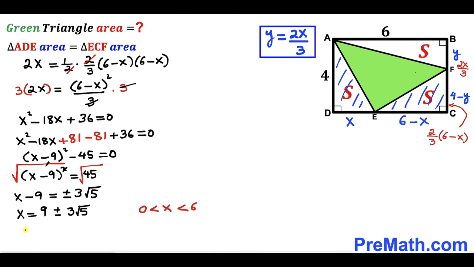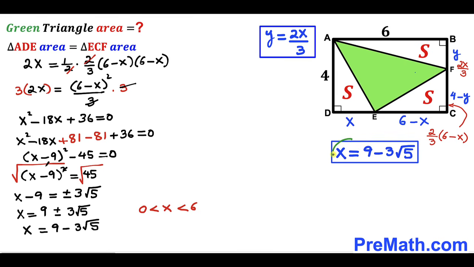So therefore the only feasible sign is x equals 9 minus 3 times square root of 5. So thus our x value turns out to be 9 minus 3 times square root of 5 units.